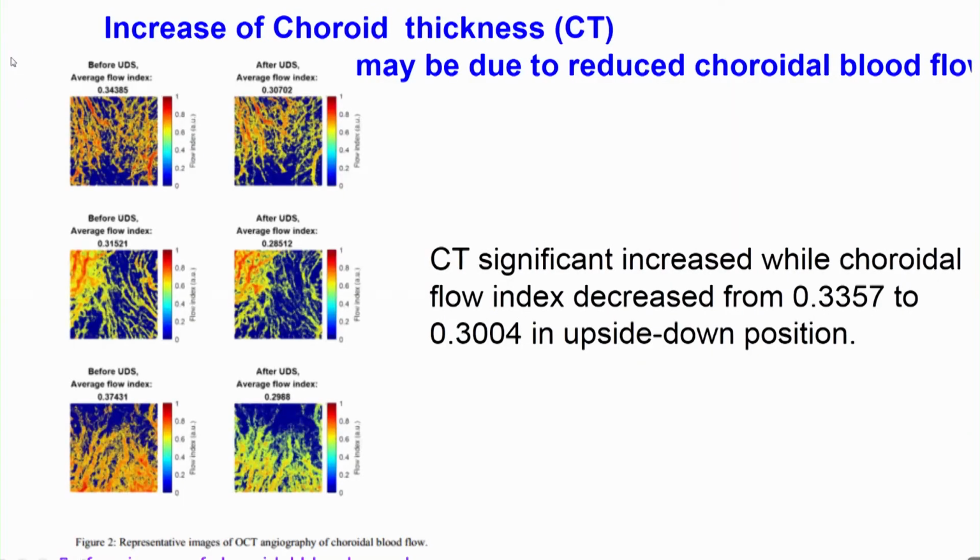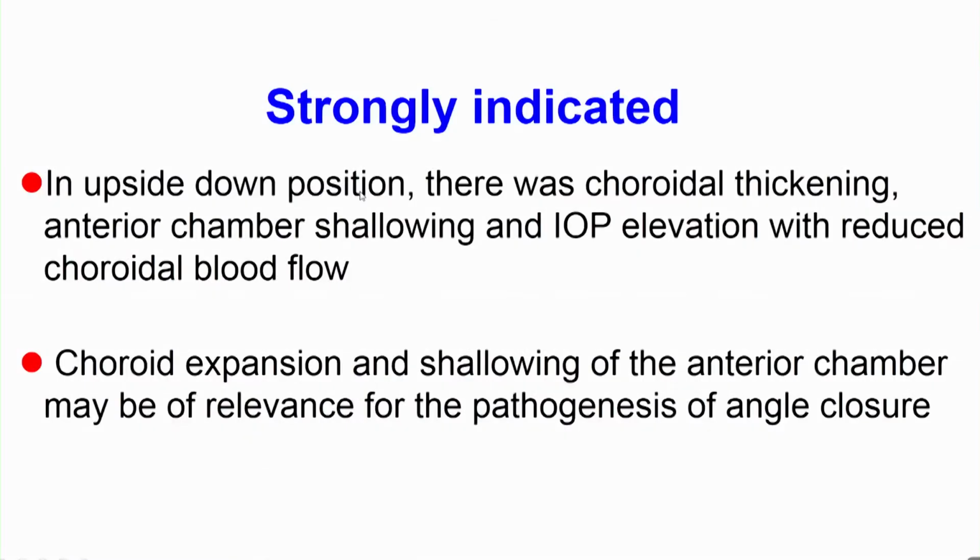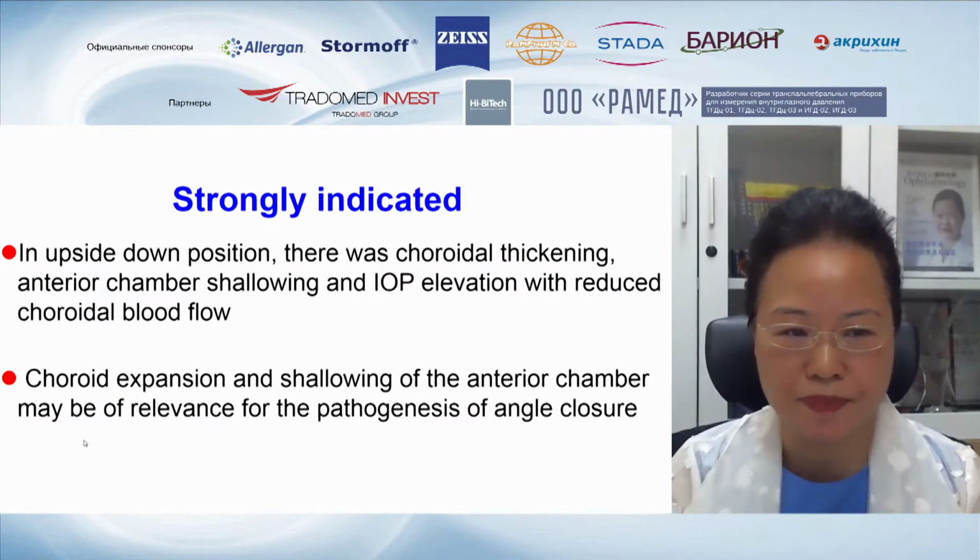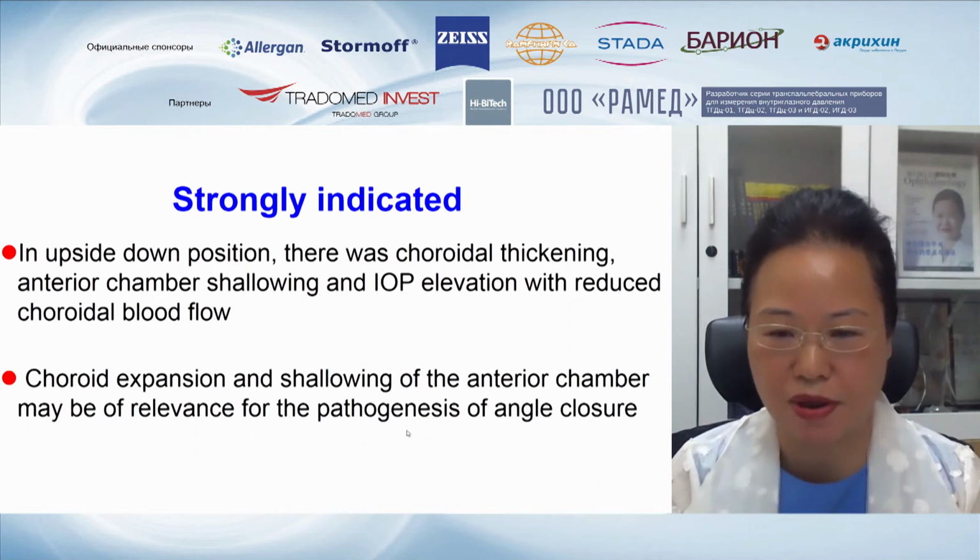Also, the image shows the increase of choroidal thickness may be due to reduced choroidal blood flow. So these studies strongly indicated that in the upside-down position, there was choroidal thickening, anterior chamber shallowing, and IOP elevation with reduced choroidal blood flow.